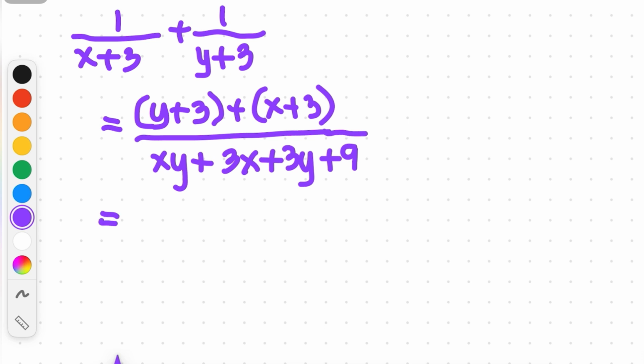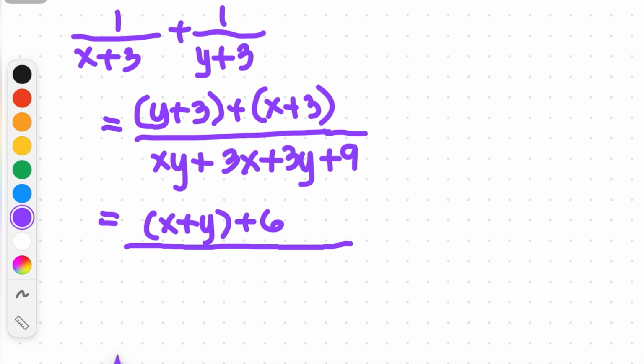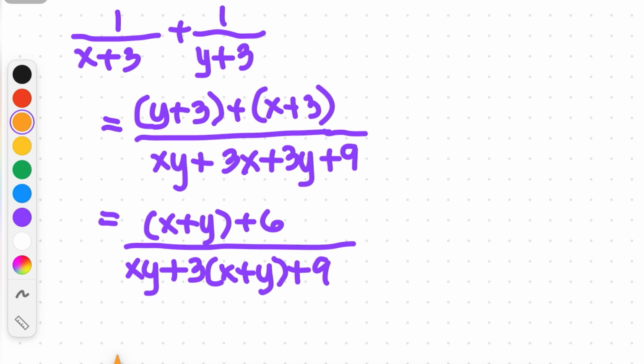Now let's write this as x plus y plus 6 over xy plus 3 times x plus y plus 9. Now remember, we already have a couple of results that we got from the manipulation of the first two equations.